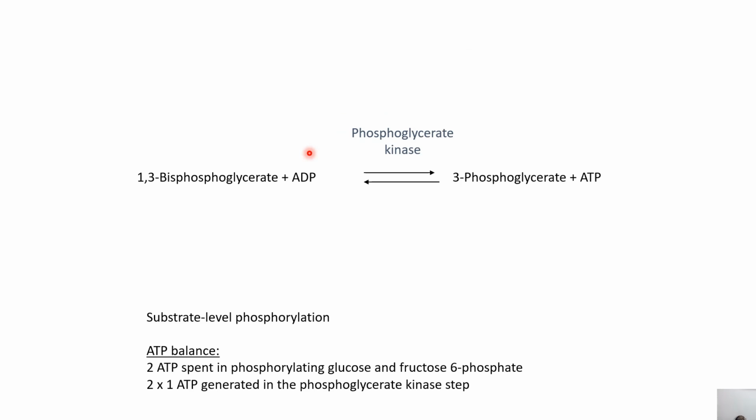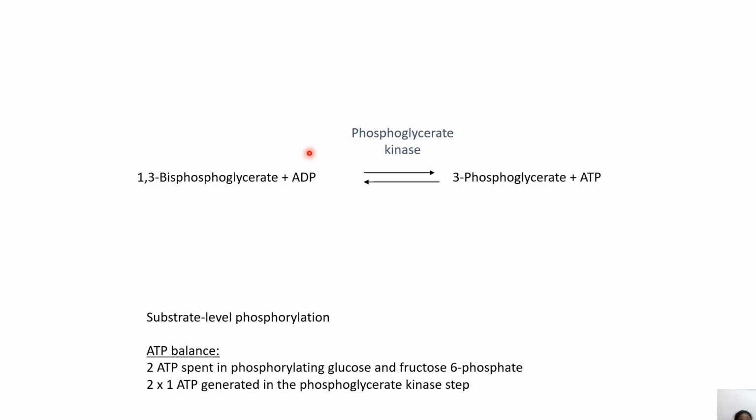The next reaction is 1,3-bisphosphoglycerate plus ADP, which gets converted to 3-phosphoglycerate plus ATP, and this is carried out by the enzyme phosphoglycerate kinase. This is known as substrate level phosphorylation.